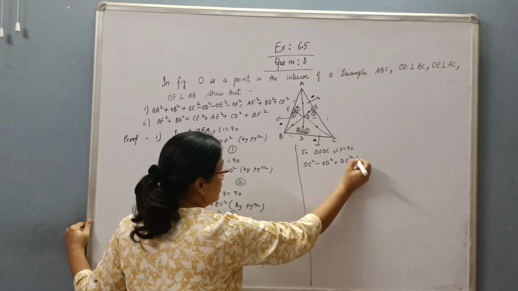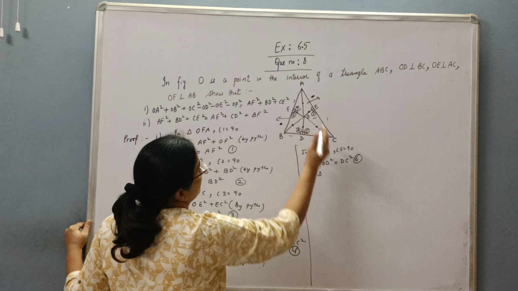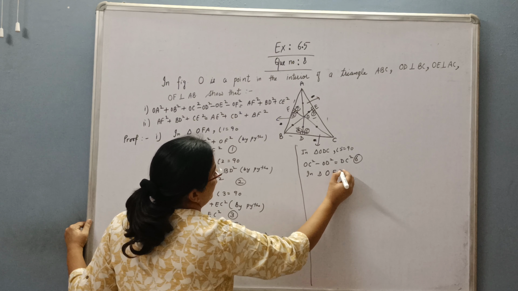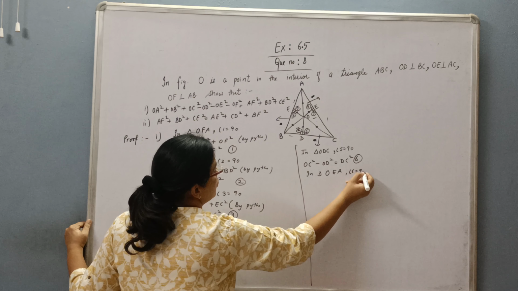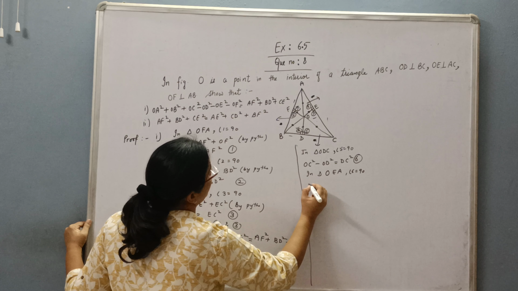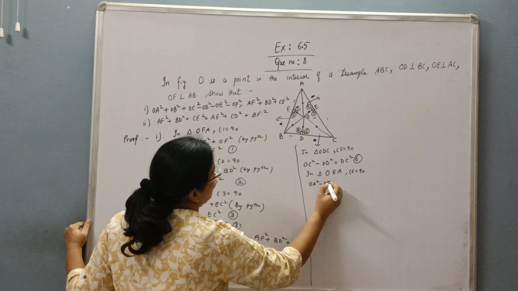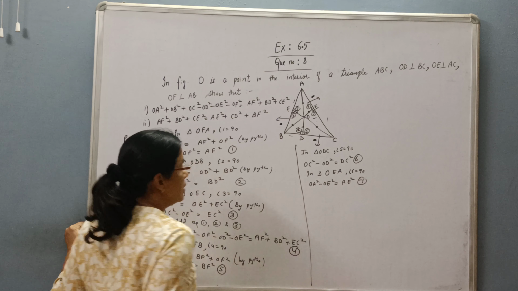This is equation number 6. Now consider triangle OEA. Here angle 6 is 90 degrees, so apply Pythagoras. According to Pythagoras, OA square minus OE square is equal to AE square. This is equation number 7.